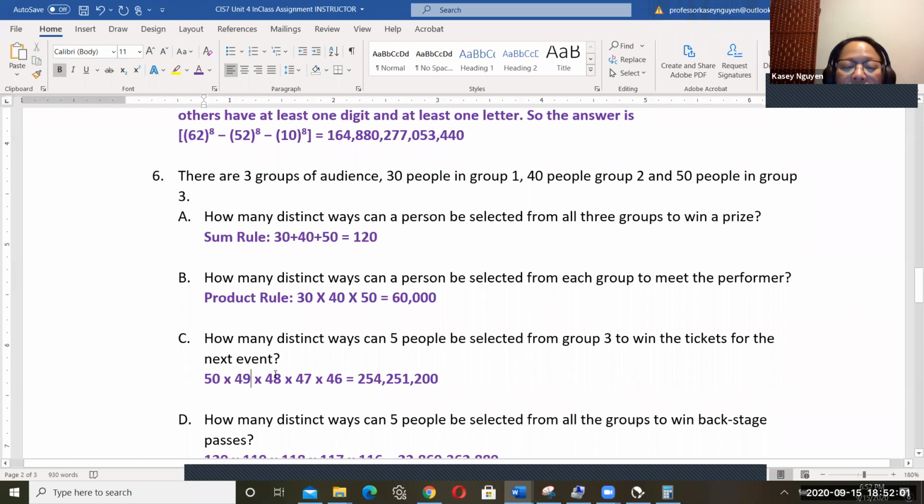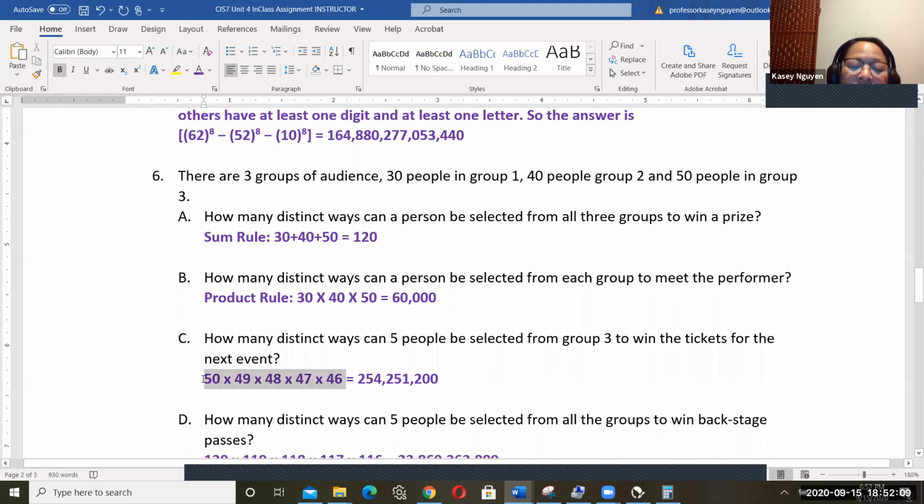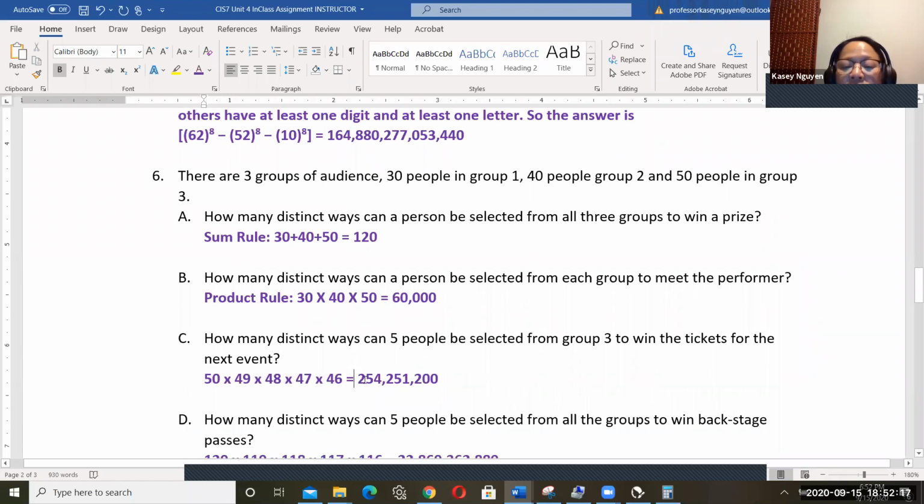Pick one, 48 left, pick one, 47 left, pick one more, 46 left. And here we have 5 selections of 5 different people. So we would multiply these together, which gives us 254,251,200 variations, or distinct ways, to select 5 people from group 3.